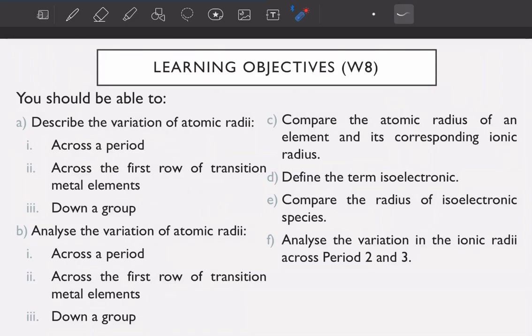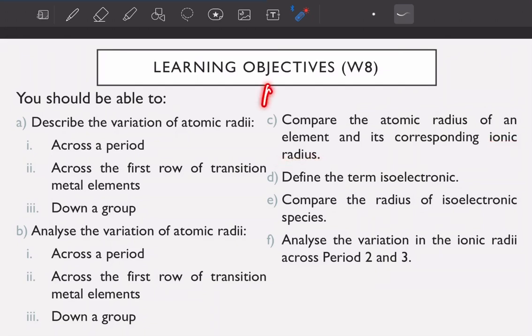Basically, we will analyze these together, and analyze why the trends are that way. Then you are going to compare the atomic radius of an element and its corresponding ionic radius.